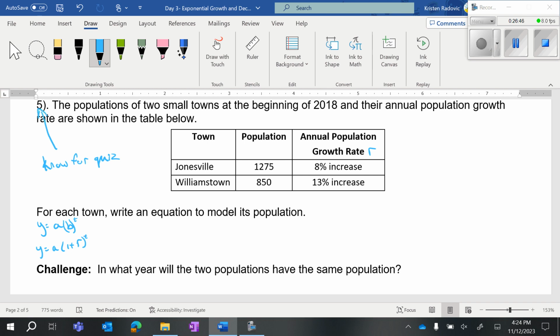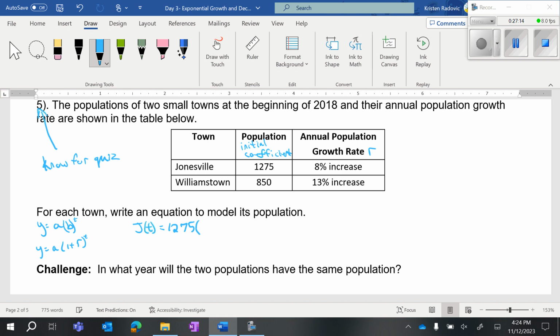So we have J and we have W. So J of t, just like f of x, or you could just have J equals how much you are starting with. This is your initial, which means it should be your coefficient. So our initial is 1,275.